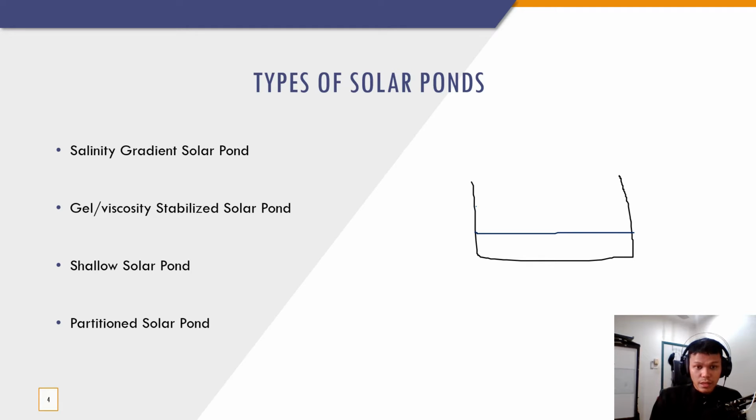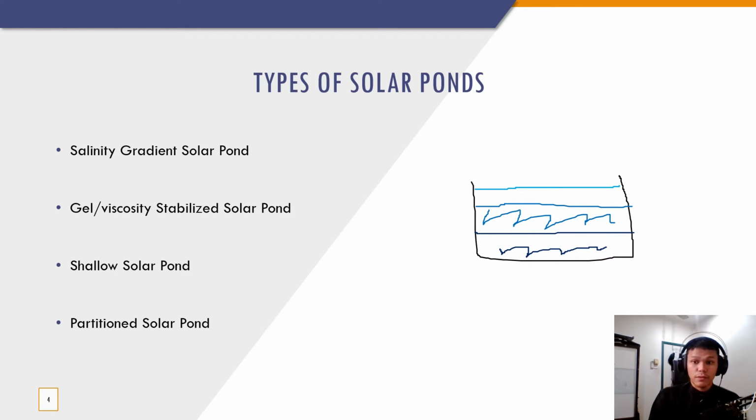The density of the gel must be higher than the density of the UCZ on top so that the gel does not float. And the density of the gel must also be lower than the density of the LCZ so that the gel can stay in the middle and act as a non-convective zone.